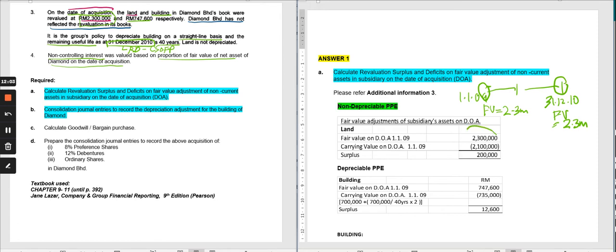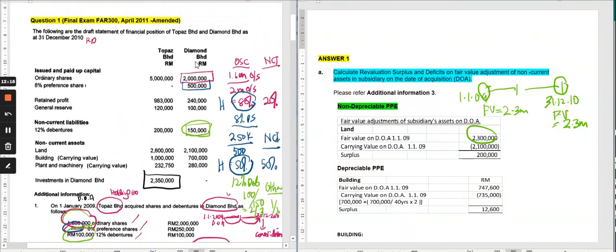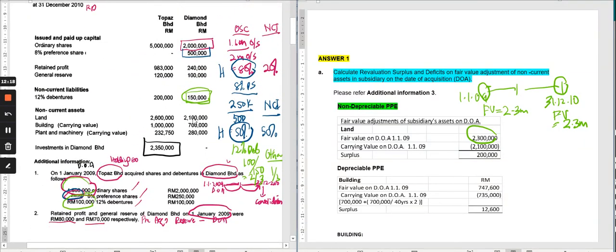So that 2.3 million will be compared with the carrying value on 1st of January 2009. To get the carrying value on that date is easy as well. You just need to go and check your non-current asset, and you would see that it is 2.1 million. Why is it the same as at 1st of January 2009, even though the figure here is as at 31st of December 2010?